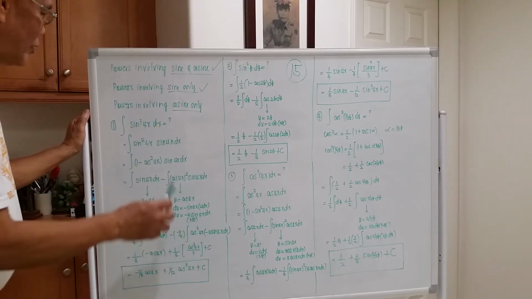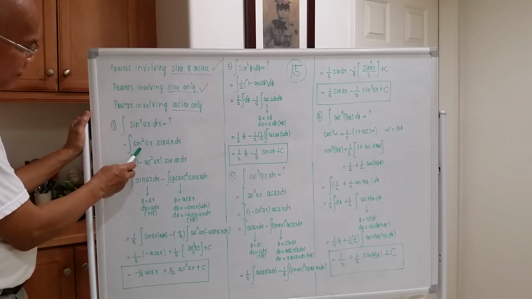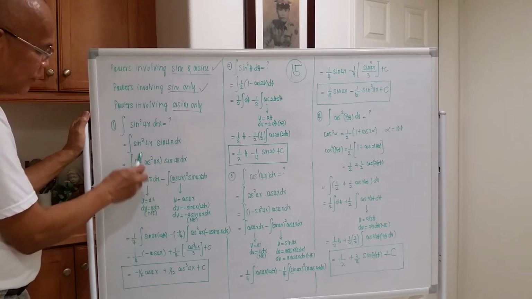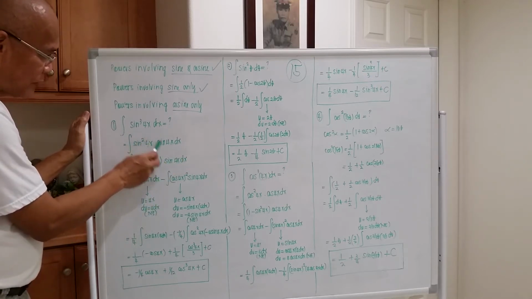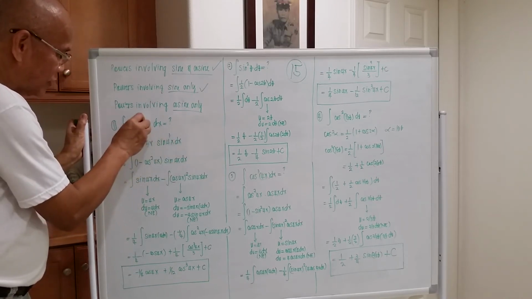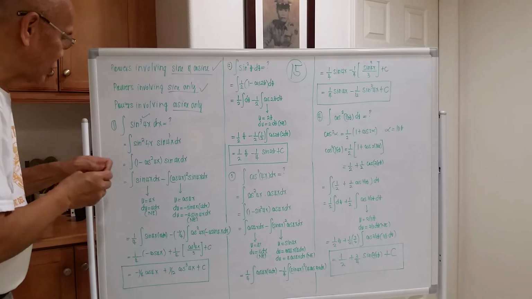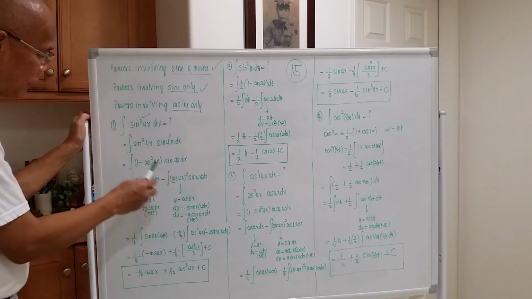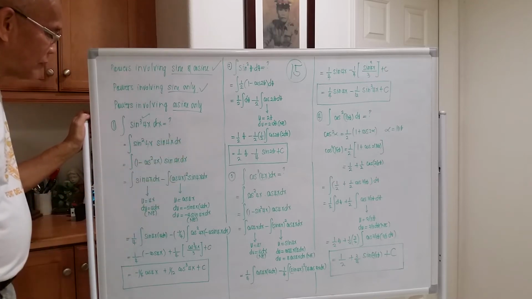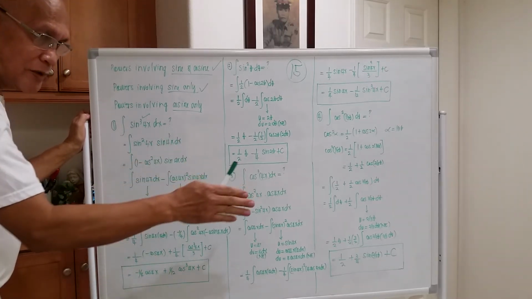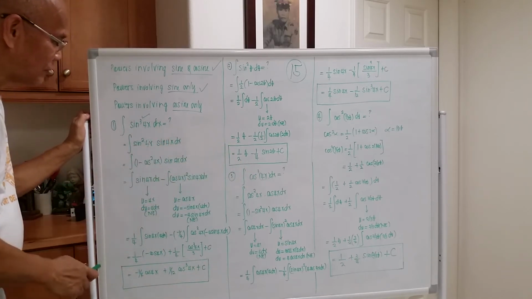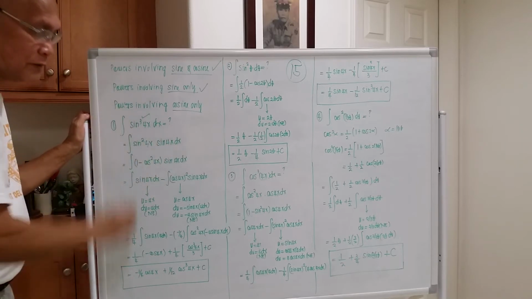I think we could rewrite sine cube as sine square and sine of 4x. Sine to the second power, sine to the first power, 2 plus 1 is 3. So we could rewrite sine cube of 4x as simply sine square of 4x, sine of 4x dx. Usually, when the power is 1, we don't write it. It is understood that the power is 1 because 1 plus 2 is 3.